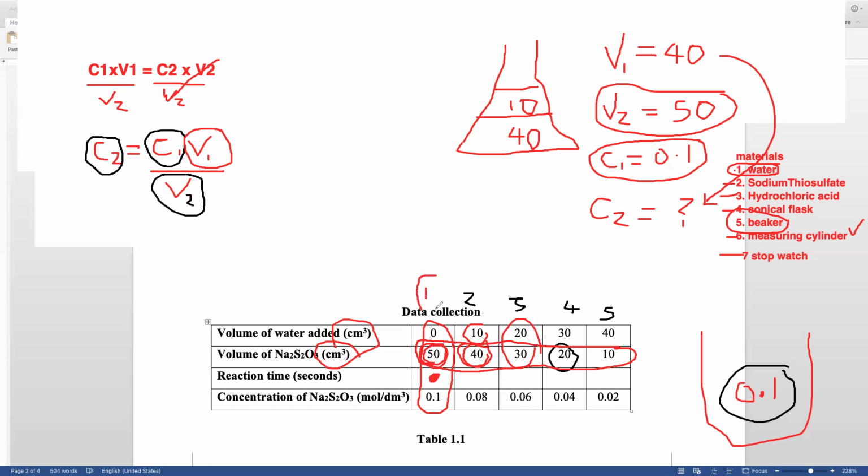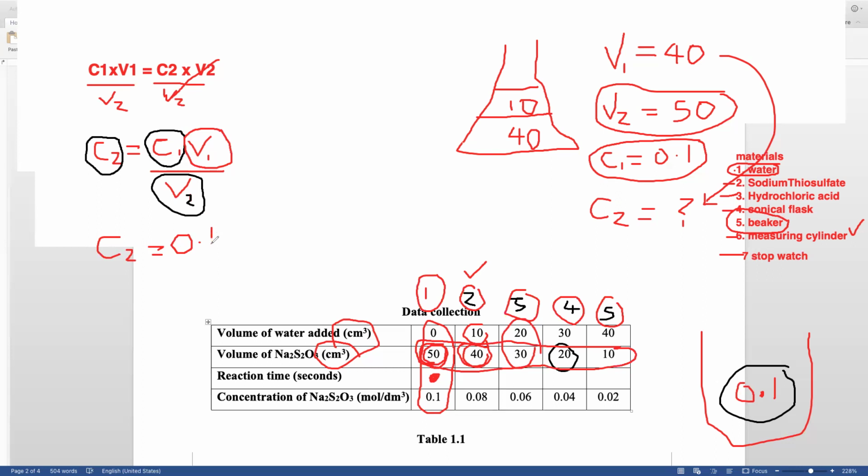And therefore, this is the first reaction, the second reaction, the third reaction, the fourth reaction, and the fifth reaction. Now we're trying to talk about the concentration of sodium thiosulfate for the second reaction. So we're gonna say C2 is gonna be, so C1, allow me to write it here.